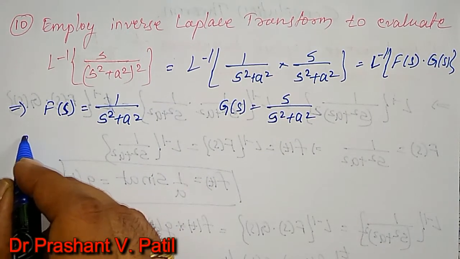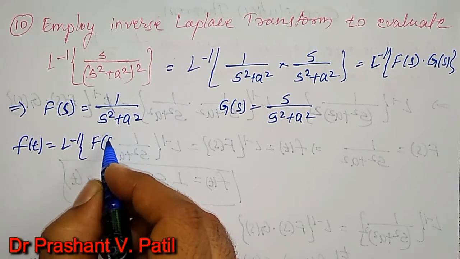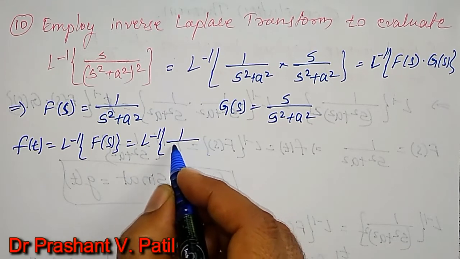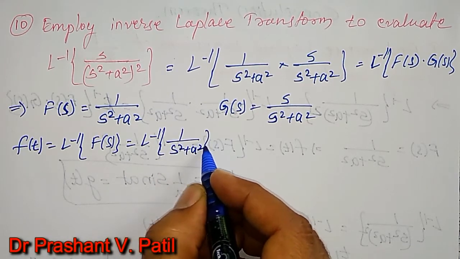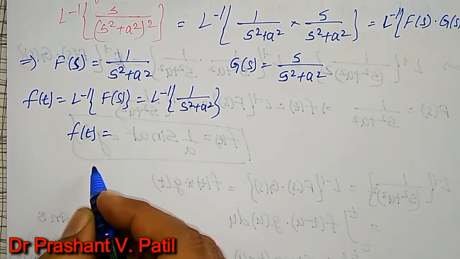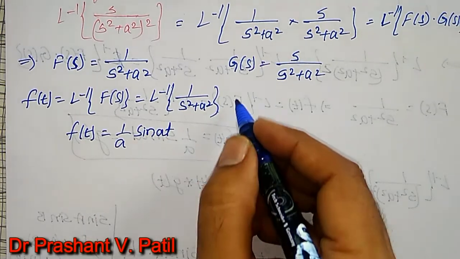Therefore my f of t is nothing but inverse Laplace transform of capital F of s, that is inverse Laplace transform of 1 divided by s square plus a square. Therefore my f of t is nothing but 1 by a sin at.